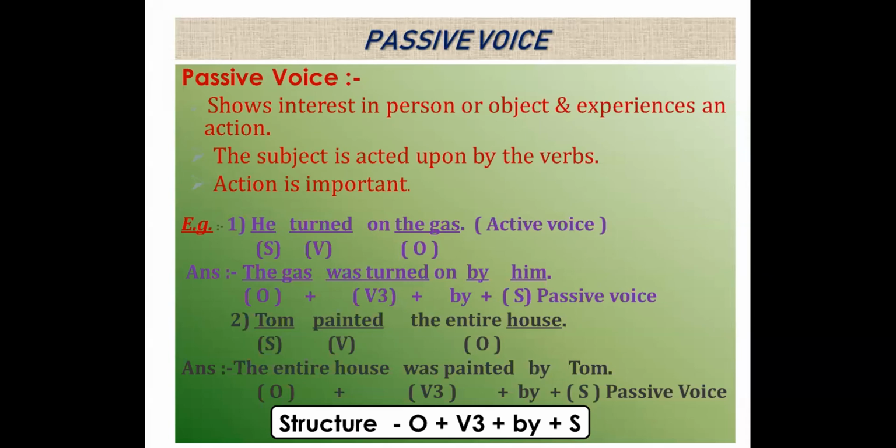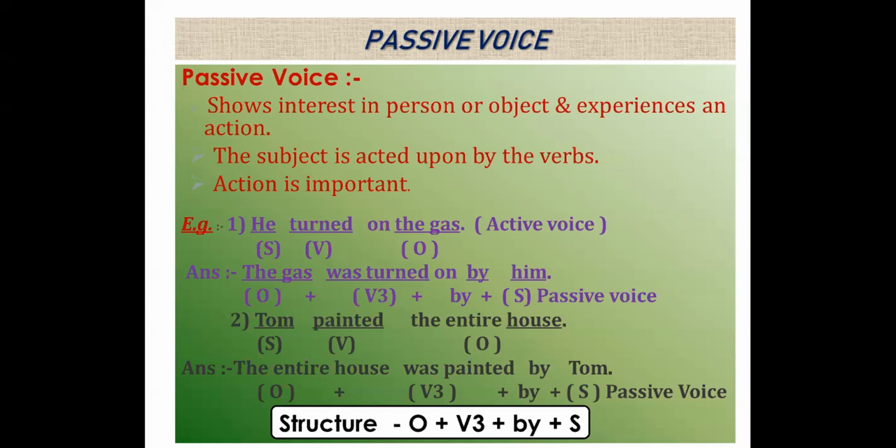The gas, we will take the object first. Then the third form of verb, that is was turned. Use the preposition by, and use the subject, that is him. So the sentence is: the gas was turned on by him. So this sentence we have converted into passive voice.